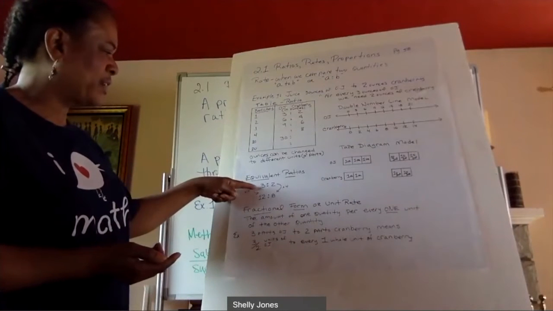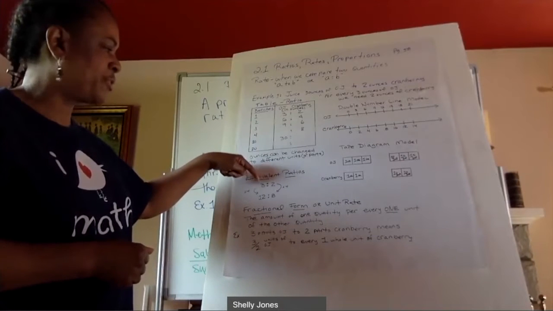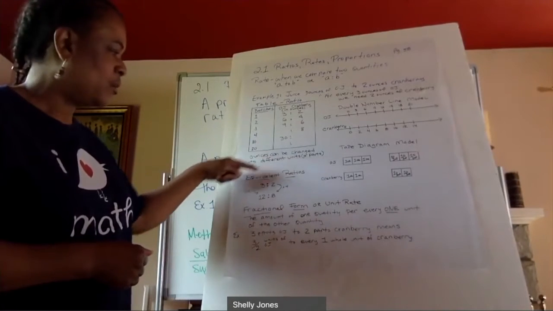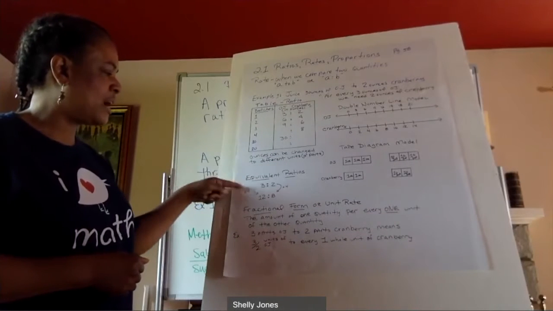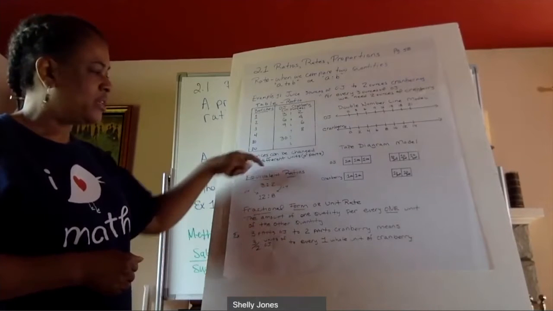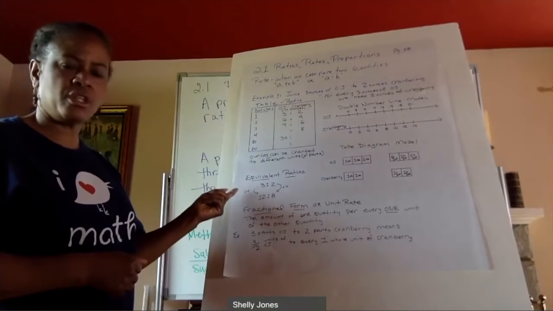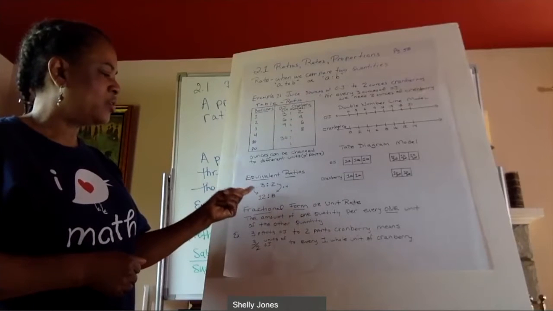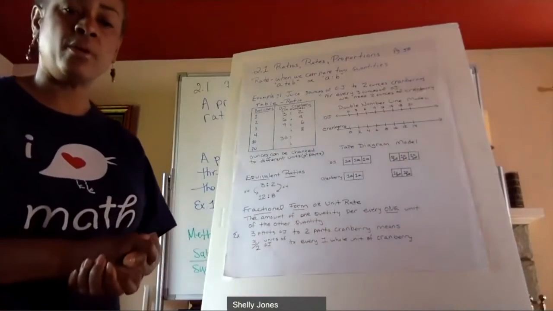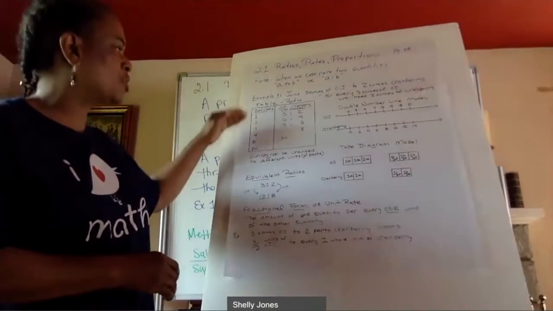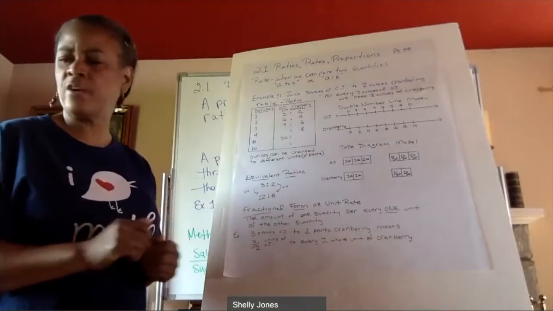What if I wanted 4 batches? Well, 3 times 4 is 12, so 2 times 4 is 8. So for 4 batches, I would need 12 ounces of orange juice and 8 ounces of cranberry juice. So that's pretty straightforward, and a table helps you to figure that out.